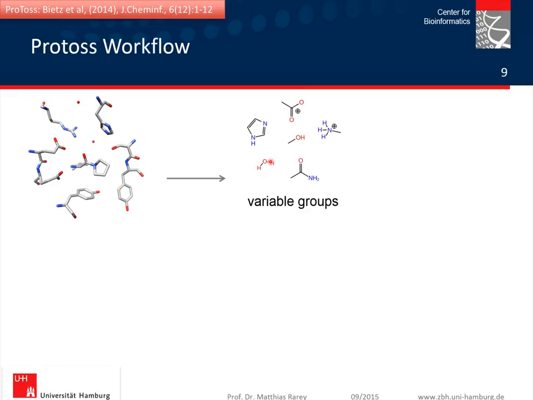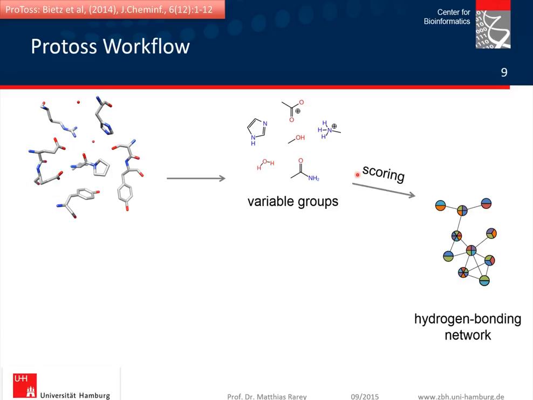We identify all what we call variable groups, so groups where we might change either the protonation state or the proton orientation, etc. We actually consider all possible states for these groups and score them. So we assume that a state is taken, and then we calculate a score for this group relative to the other ones. And this gives us a potential network where all these groups have different states.